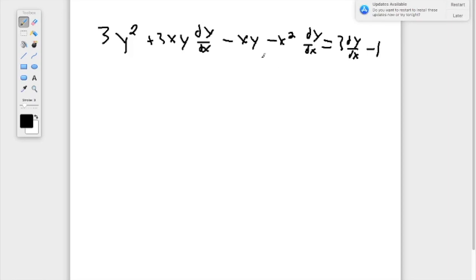So now I have to bring all my dy dx terms to one side and all my non-dy dx terms to another side.